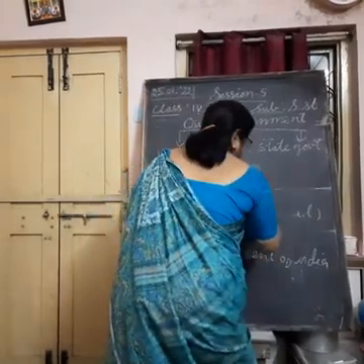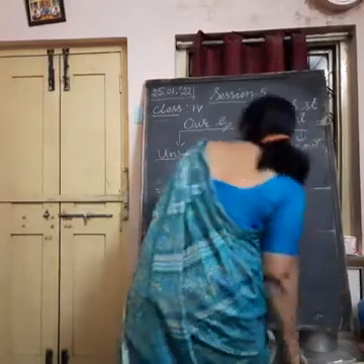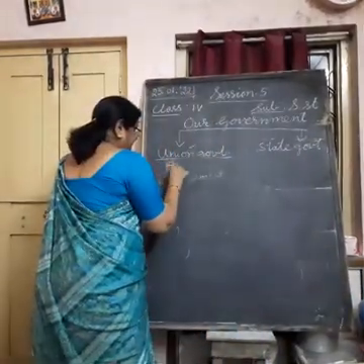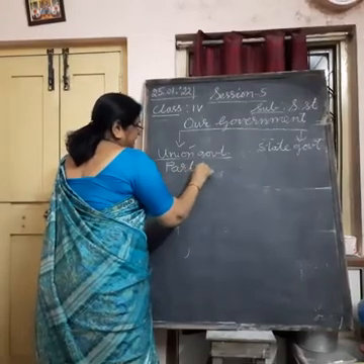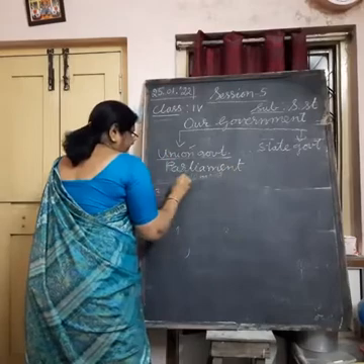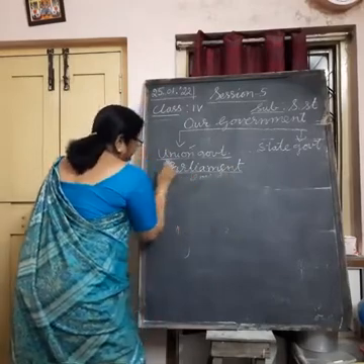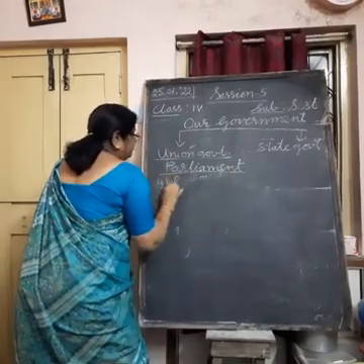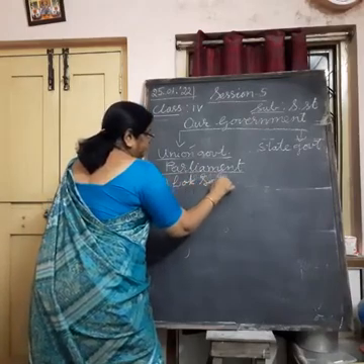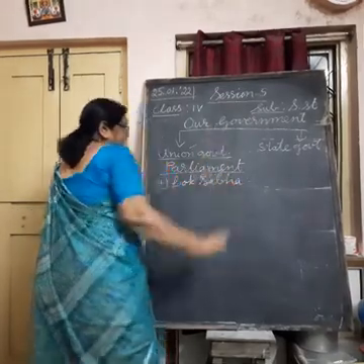First, let us study about Lok Sabha. Indian Parliament has three wings. First one is Lok Sabha. We are going to study about Lok Sabha. How it works, what is its importance in the Indian government.